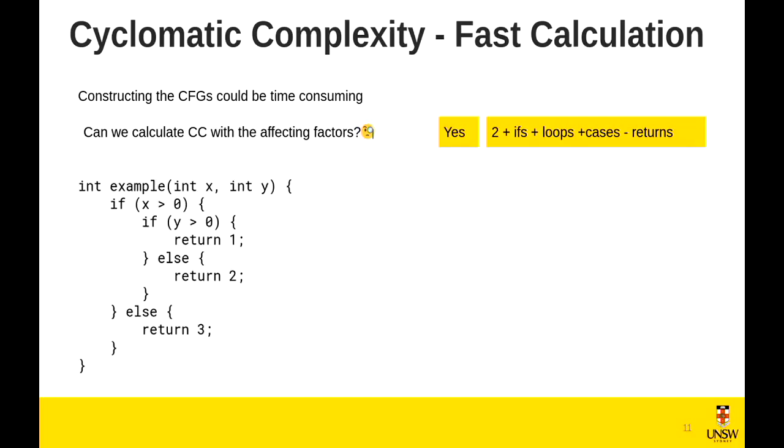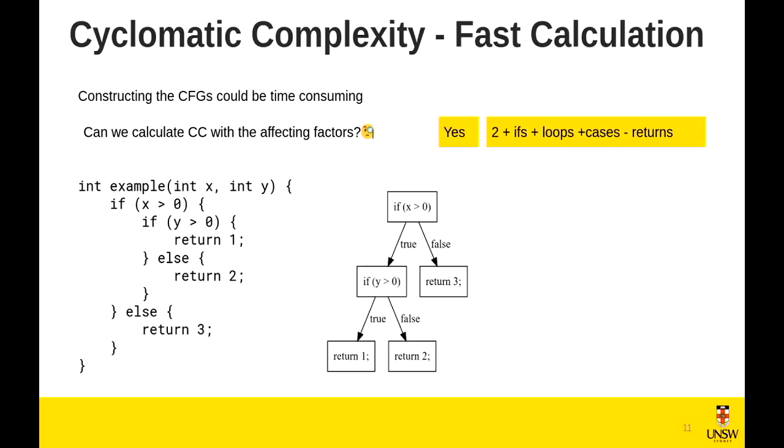So let's come back to this example here. If we use the previous formula based on the CFG, this is what we have. We use the number of edges minus the number of nodes plus 2, and it gives us the answer of 1.